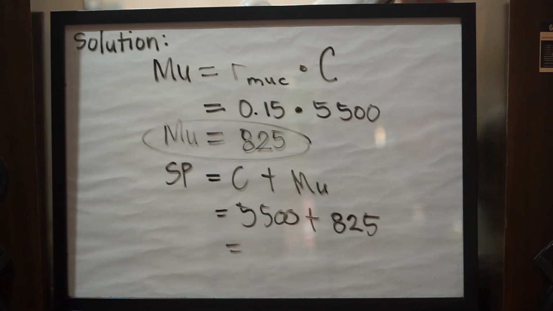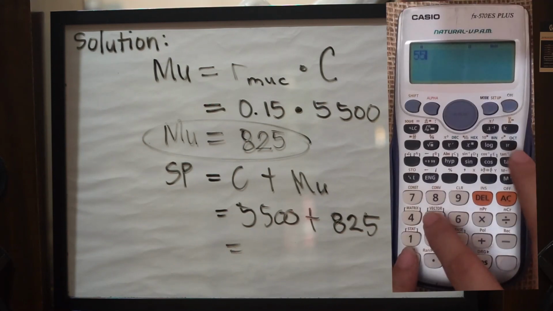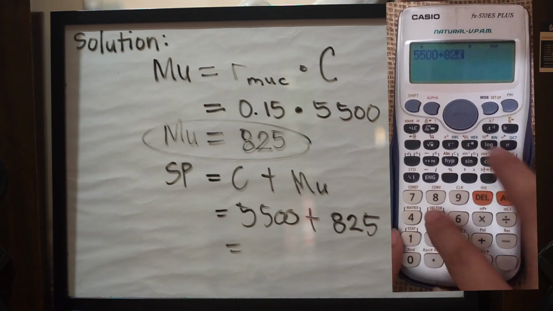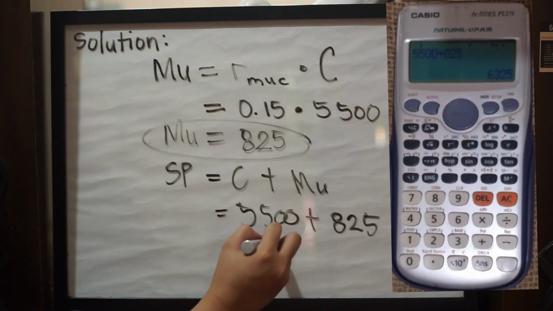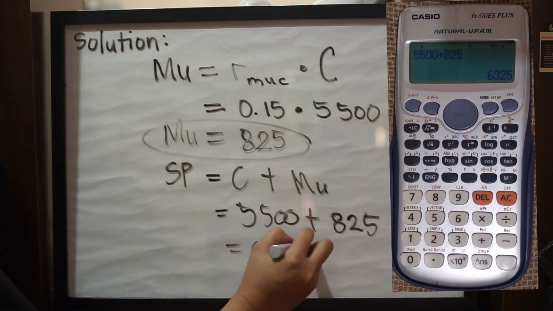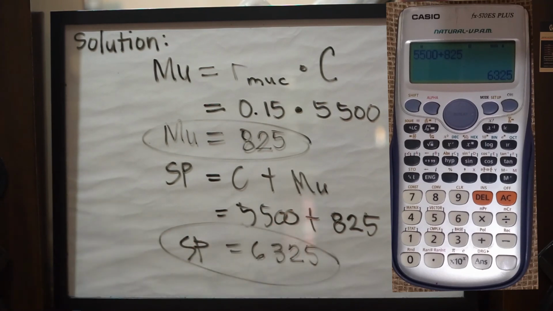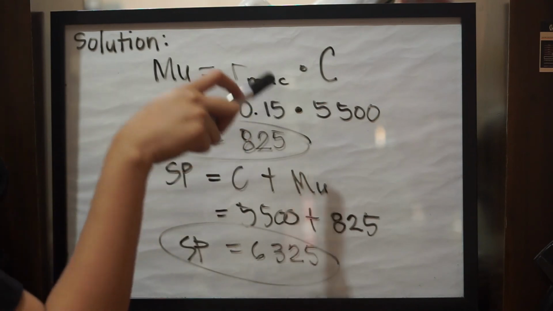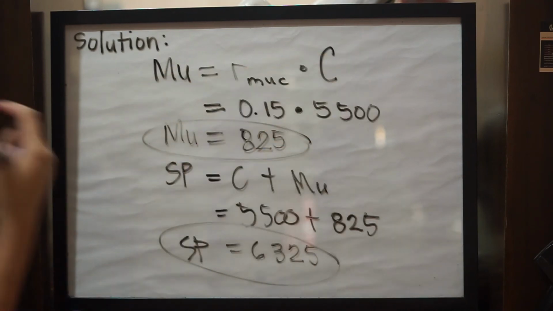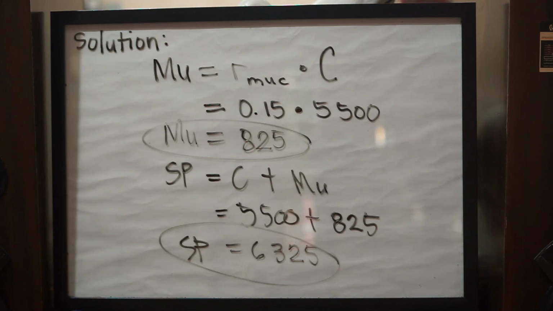Using your calculator, 5,500 plus 825, the answer is 6,325 pesos. So, the selling price is 6,325 given na the rate of markup should be 15% and your cost is 5,500 pesos.